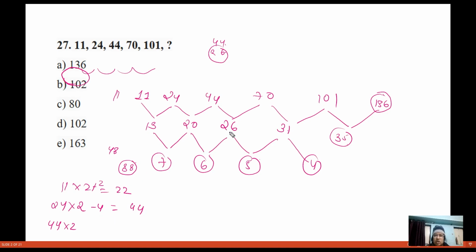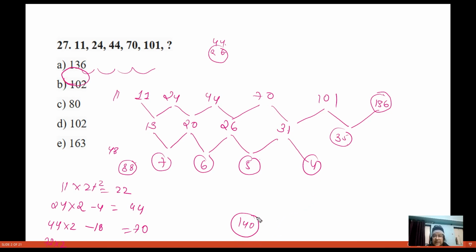Now this is minus 18, then we are getting 70. And 70 into 2 is 140, and how much are we subtracting here to get 101?